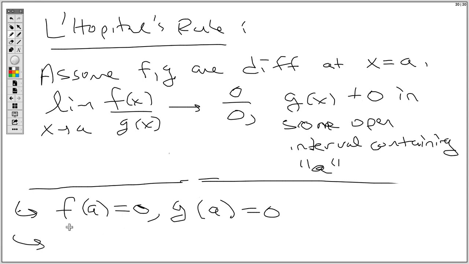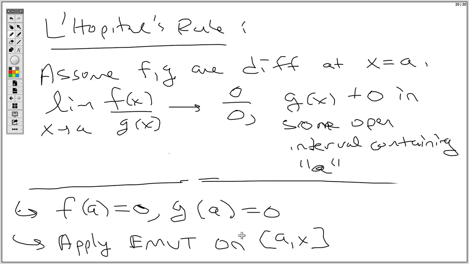So what basically you do here is you apply the extended mean value theorem on the interval a to x or x to a, depending on what direction you're coming from.